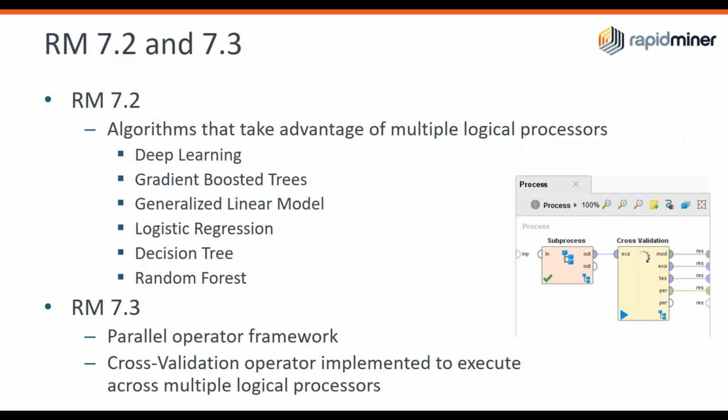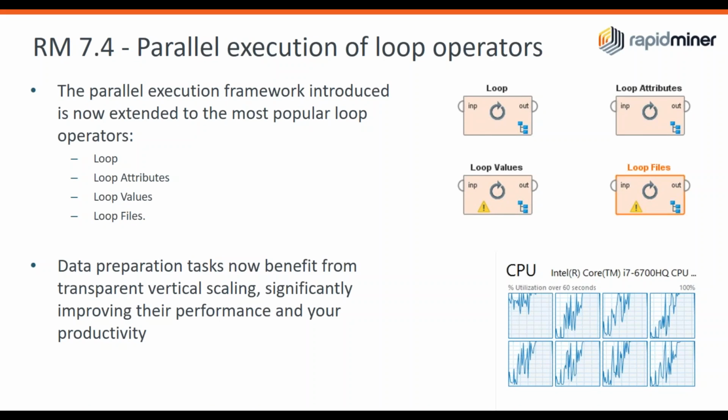In 7.3 then we put more of that in place and also added the cross-validation, which can then run across multiple processors. In 7.4, yeah, we've added then the loop operators.